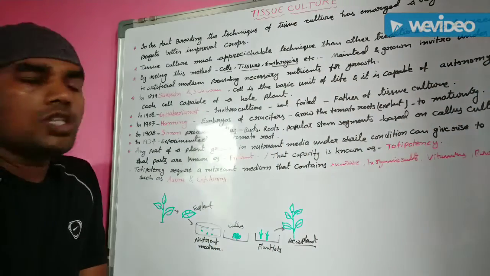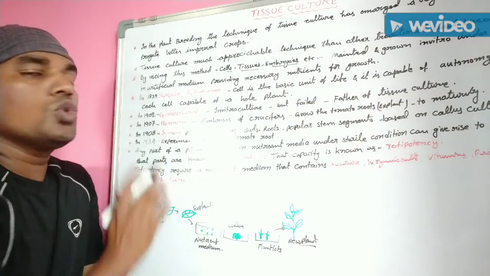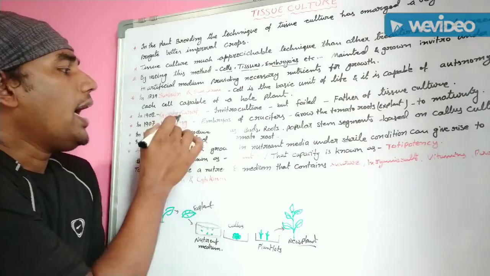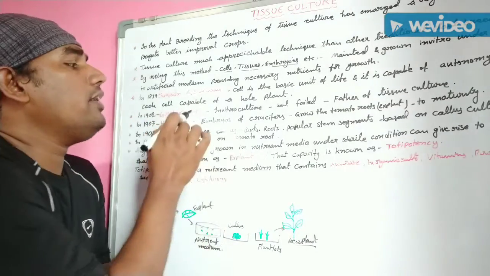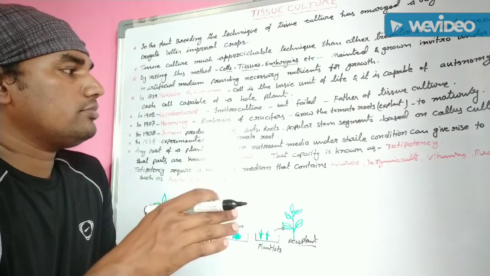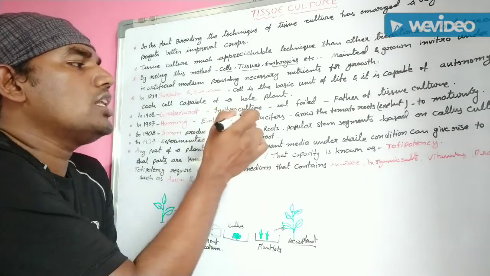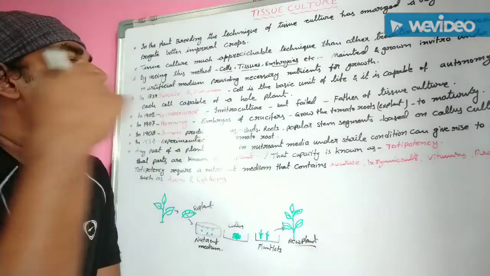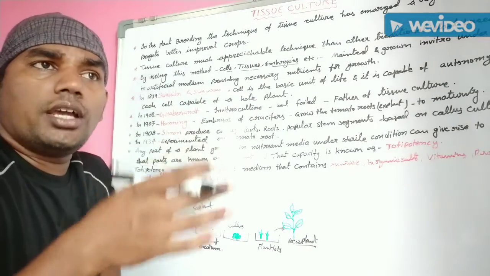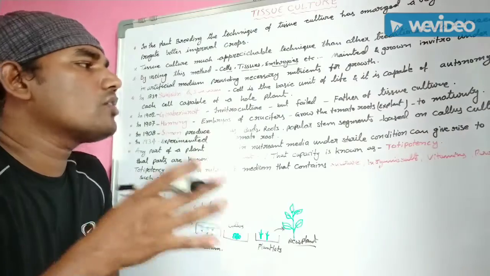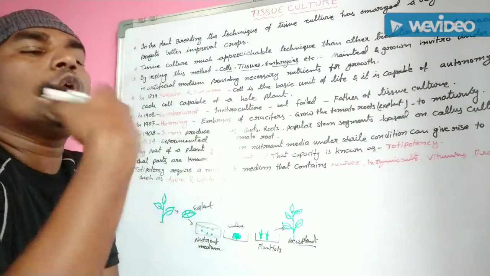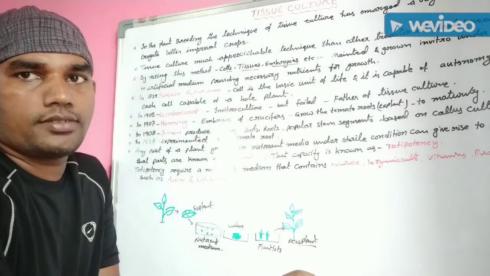Okay, next one. In 1902, G. Haberlandt introduced the in vitro culture method. In this in vitro culture method, different types of plant parts were utilized as explants, but he could not prepare the whole plant from the explant.